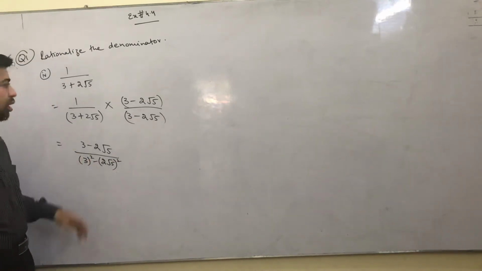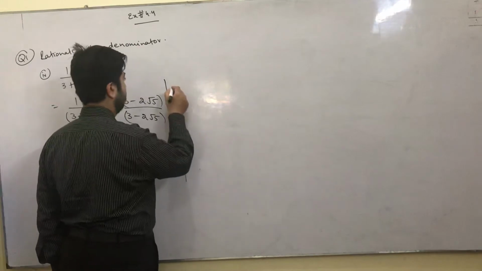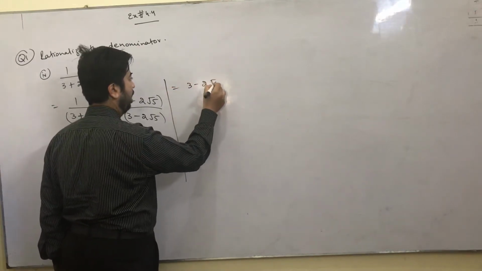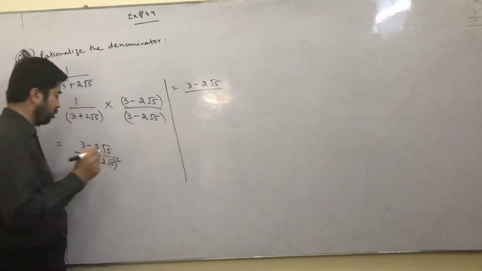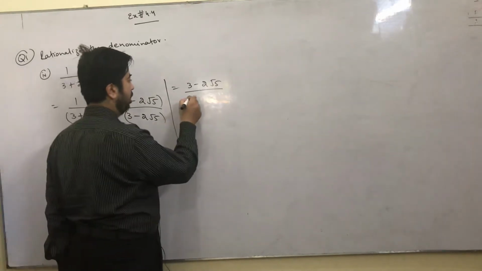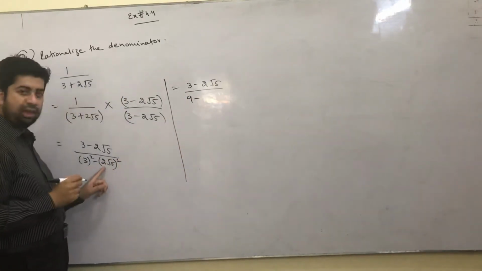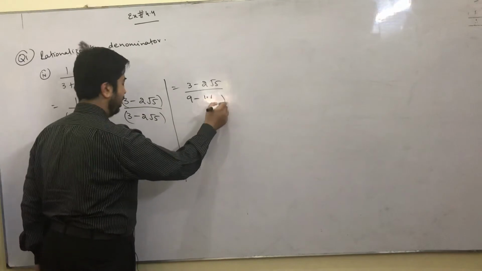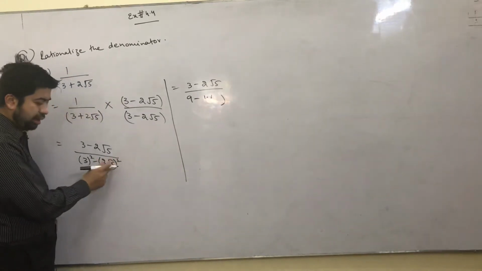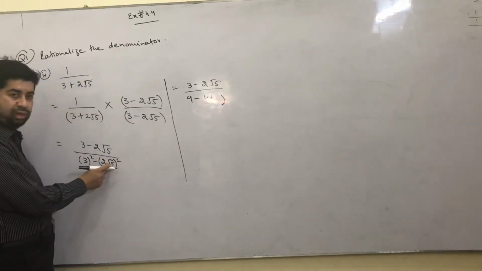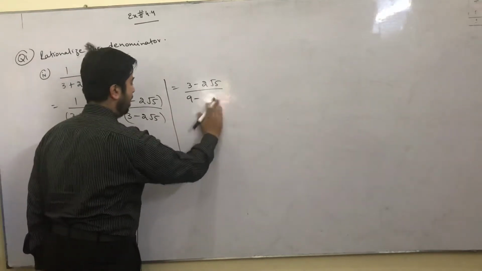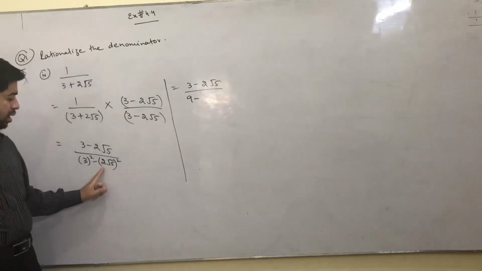Now apply these squares. 3 minus 2 square root 5, and in the denominator 3 square is 9 minus 2 square is 4, and square root 5 also contains a square. So the square is going to cancel with this square root, or you can do it like that. 2 and under root 5 are multiplied.